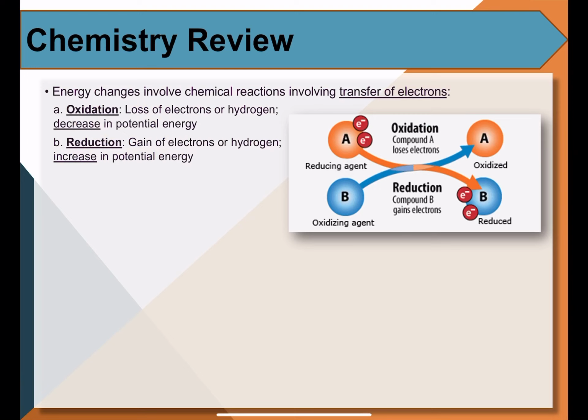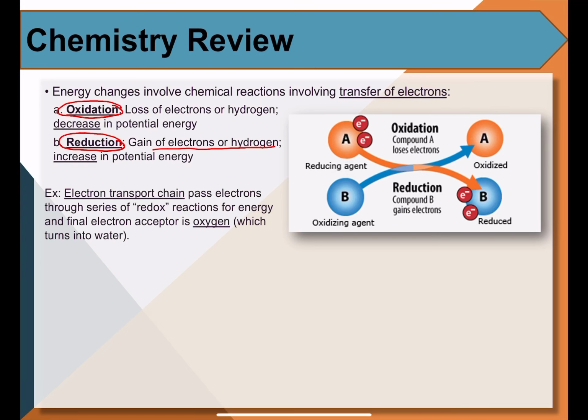Remember, cellular respiration mainly relies on redox reactions, where a reactant donates electrons, or hydrogens, through an oxidation reaction, while the reactant accepting electrons or gaining hydrogen is going through a reduction reaction, both of which involve some transfer of potential energy between molecules so it can be used to power something else.